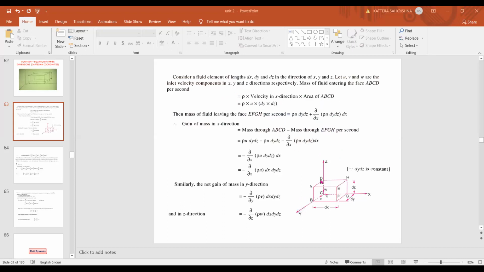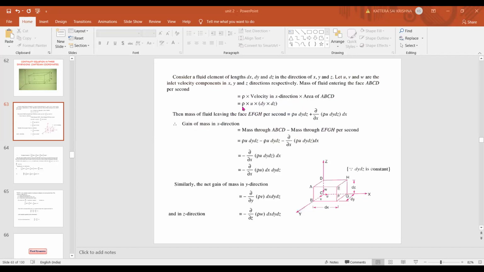So the mass of fluid entering ABCD per second is given by rho into the area of ABCD into the velocity in the x direction. We are considering only the x direction, which I already said is small u, so rho into u. What is rho? The density of the fluid here.